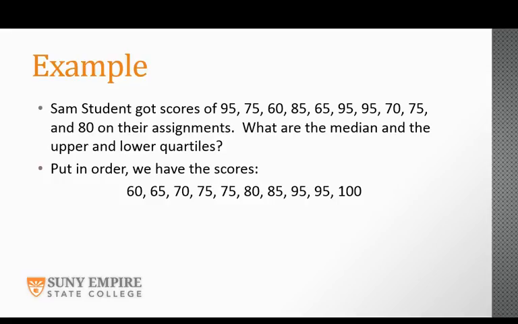First, we put the scores in order. We pair off the outside scores, or 60 with 100, 65 with 95, 70 with 95, and 75 with 85. This leaves us with two scores in the middle, 75 and 80. To find the median, we average the two scores. So our median is 75.5.